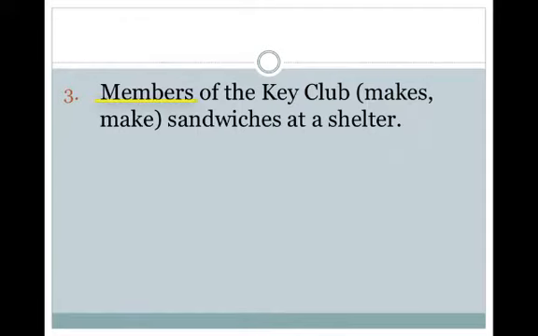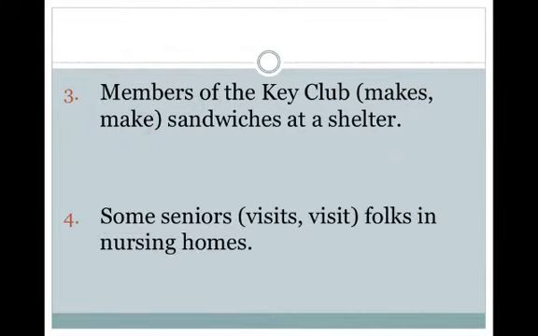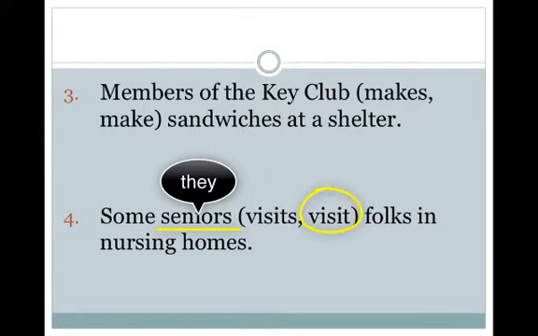The subject is members, which is plural, so we would say they make. Make is the verb. And sentence 4, some seniors visit folks in nursing homes. The subject is seniors, which is plural, so we would say they visit folks. So visit is the verb.